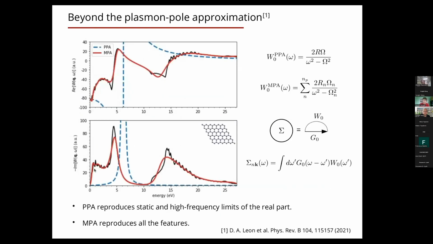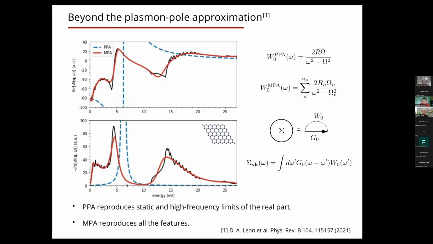Something else which has been developed recently is to go beyond the plasmon pole approximation with the so-called multipole approximation. Here it can be seen, for example, the imaginary part of the screened interaction, which is proportional to the imaginary part of epsilon minus 1, thus to the loss spectrum.